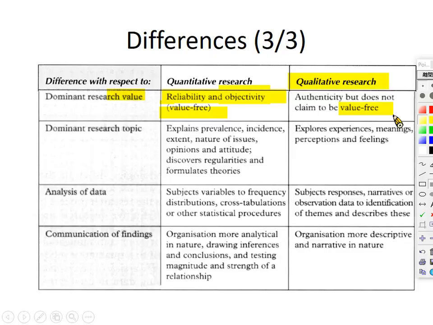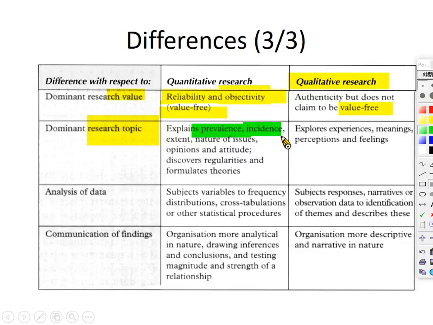And the other one is the dominant research topic. What kind of topic can be used? What kind of topics are suitable for quantitative or qualitative research? Well, if we want to explain prevalence, which one is more popular? Then we need to have numbers, right? And what is the occurrence of some incidences? Numbers.